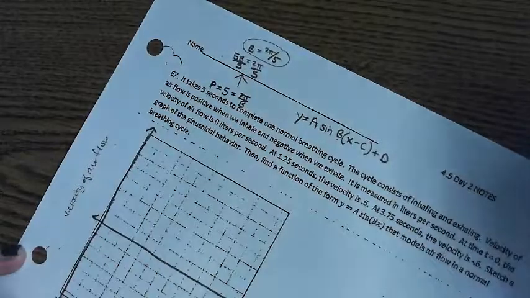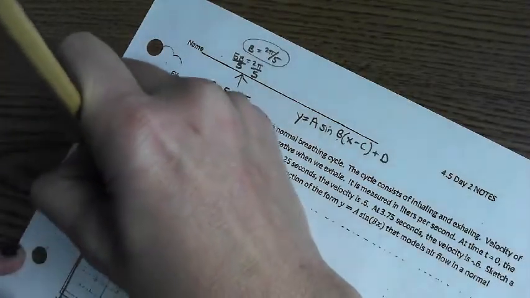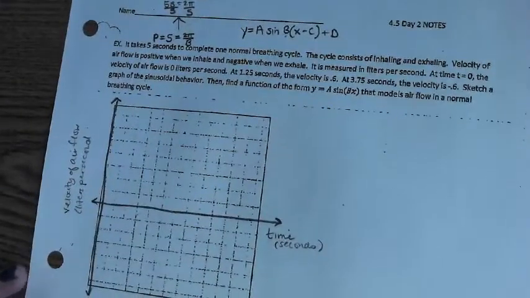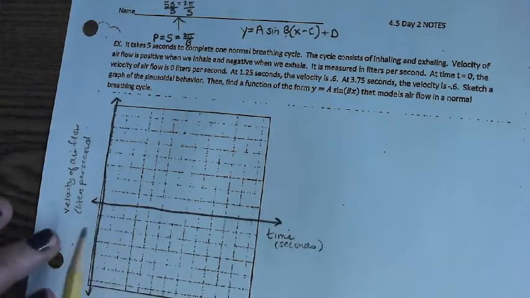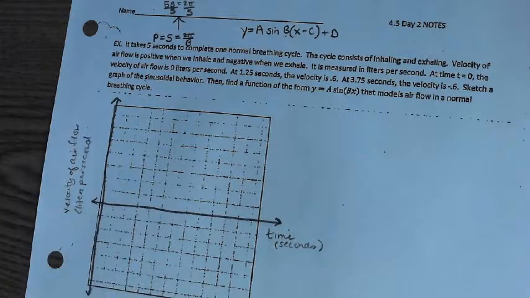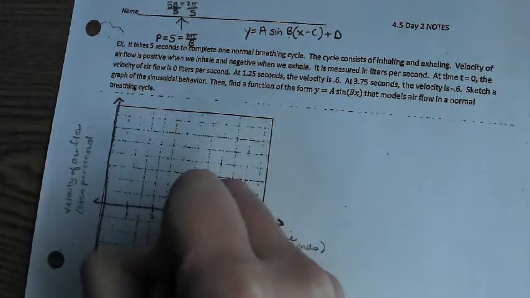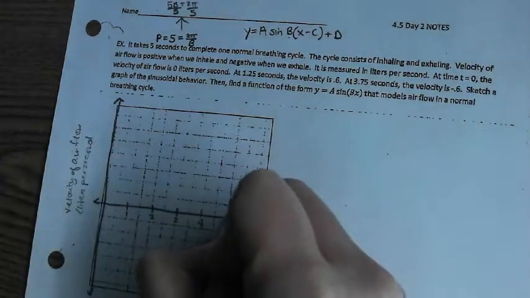And the unit is liters per second. So our cycle is 5 seconds long. I don't really want to count by ones, because then when I split 5 in half, I'll be at 2.5, and I'll be halfway in between. So I'm just going to go 1 second, 2, 3, 4, 5.